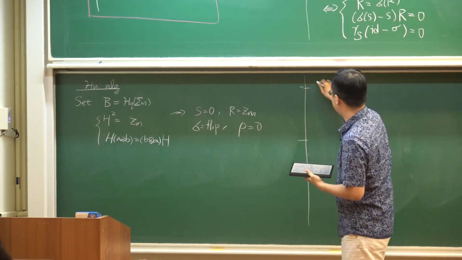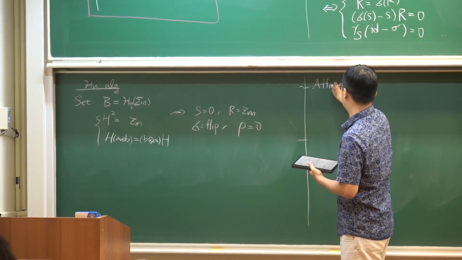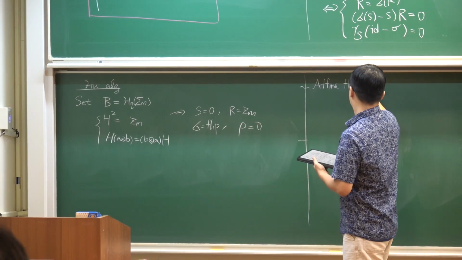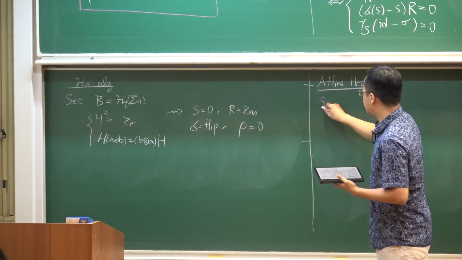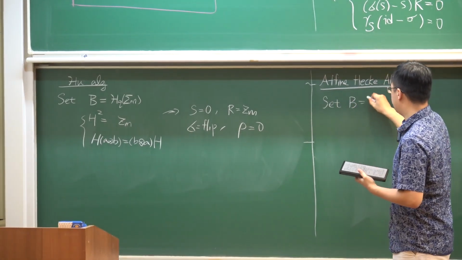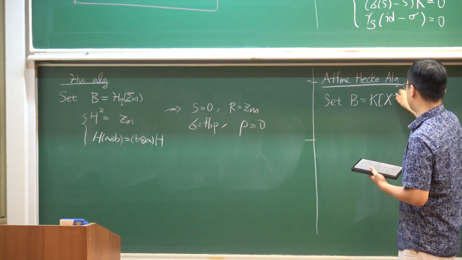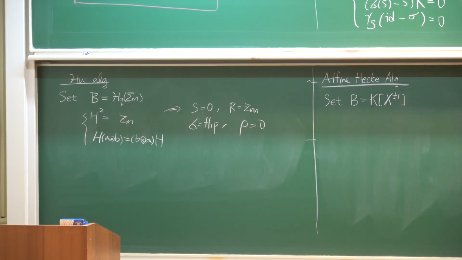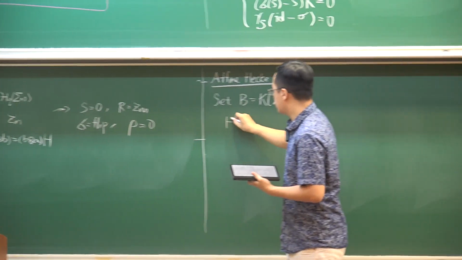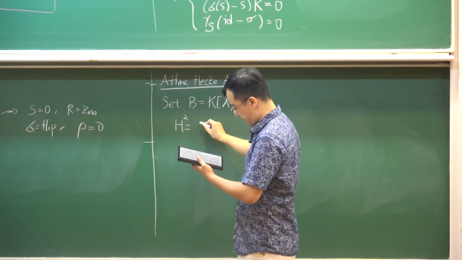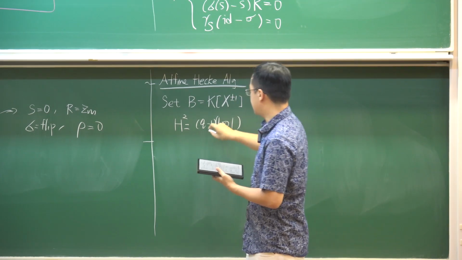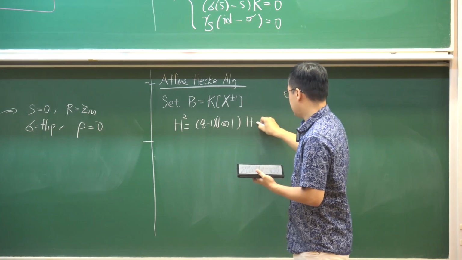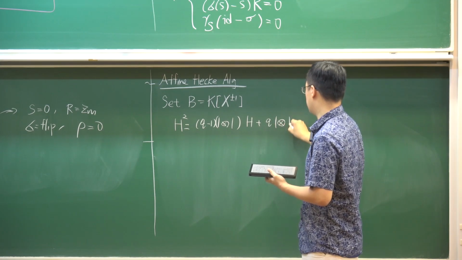Okay, so the next one is the affine Hecke algebra. So here you want to set the base algebra to be a commutative algebra, which is the ring of Laurent polynomials over a single generator X. And then I claim the local relation you need here is A squared equals (Q minus 1) times 1 tensor 1, this is the H, plus Q times 1 tensor 1.